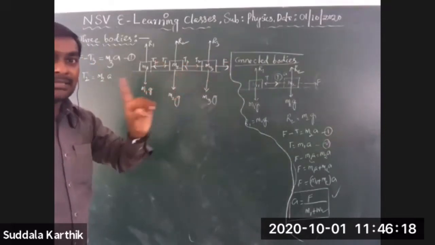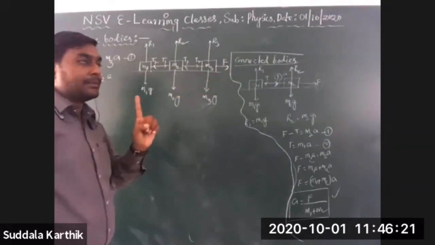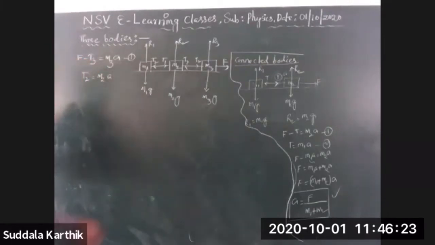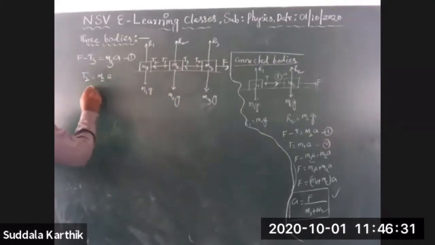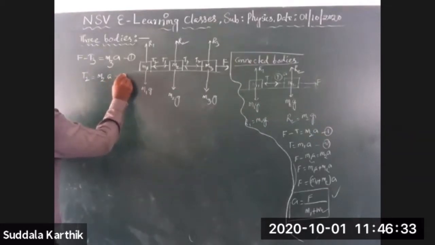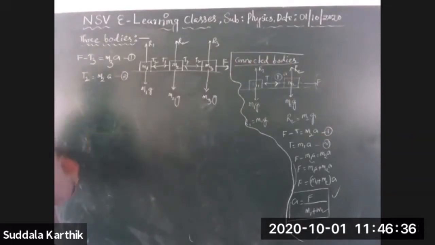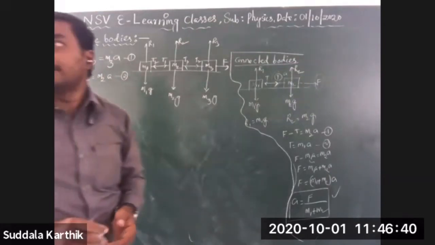See here, T2 is equal to only M2A. Let it be equation number 2. Next, on M1.